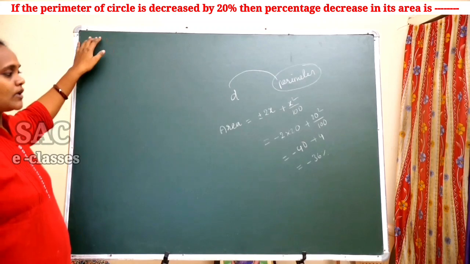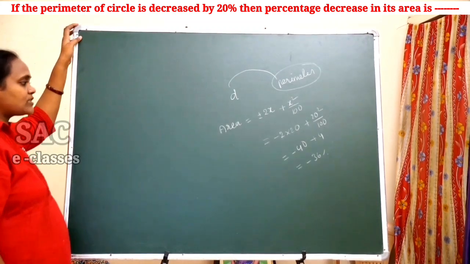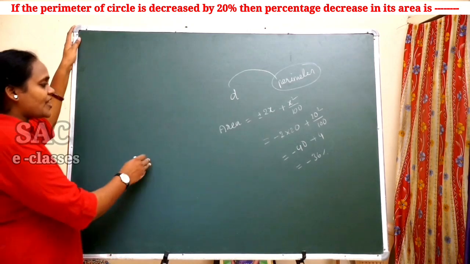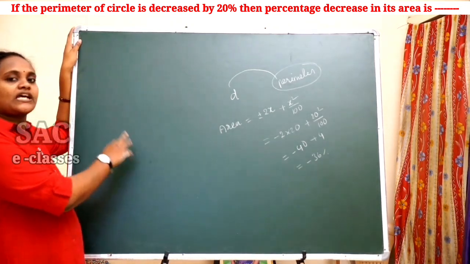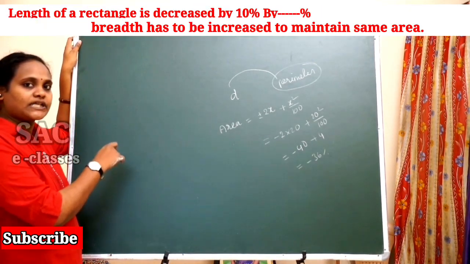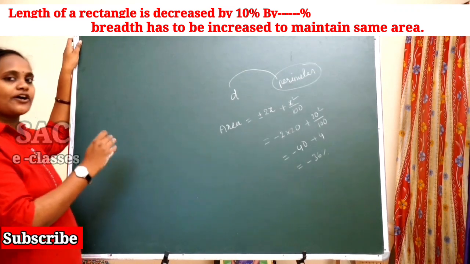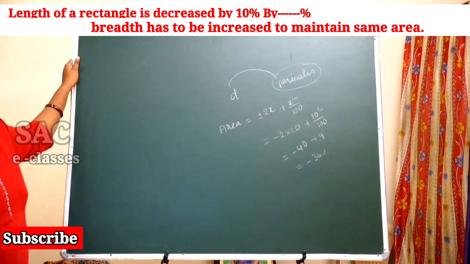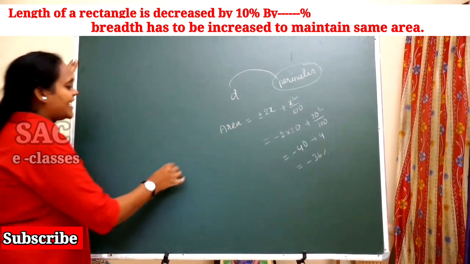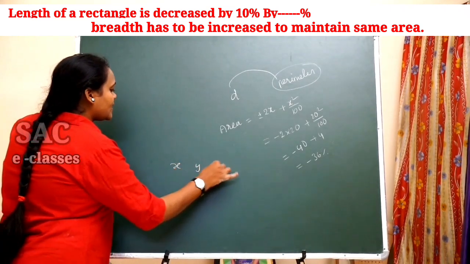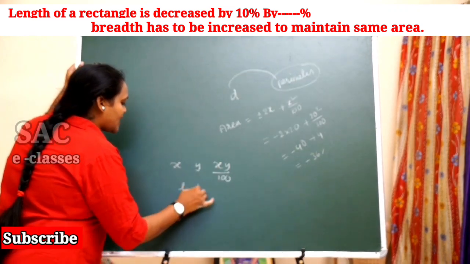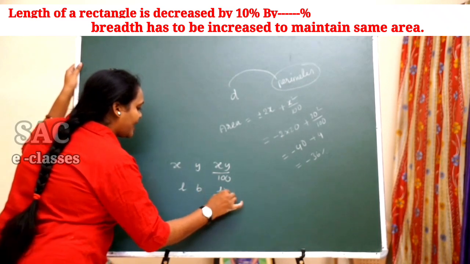Now we are in the last problem in this topic, that is, if the length of a rectangle was increased by 10%, by what percent should the breadth be decreased to maintain the same area? So let us go for our identity x, y, xy by 100. But instead of that one you can use l, b and lb by 100 also.